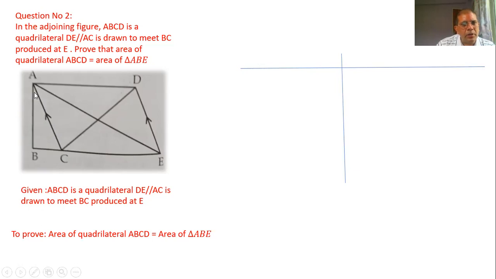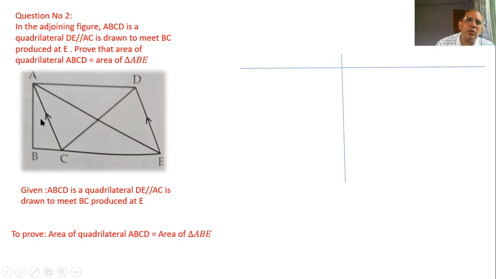In between these two parallel lines, on the same base AC, there are two triangles, ACD and ACE. These two triangles are standing on the same base and between the same parallels, so you can write down this triangle is equal to this triangle.